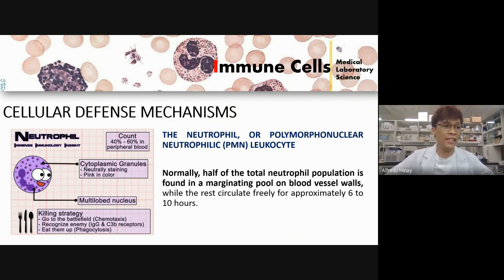Okay? So again, I mentioned this one already repeatedly that the main reason why 50% of your neutrophil population resides at the blood vessel walls is because it can facilitate faster your inflammation.